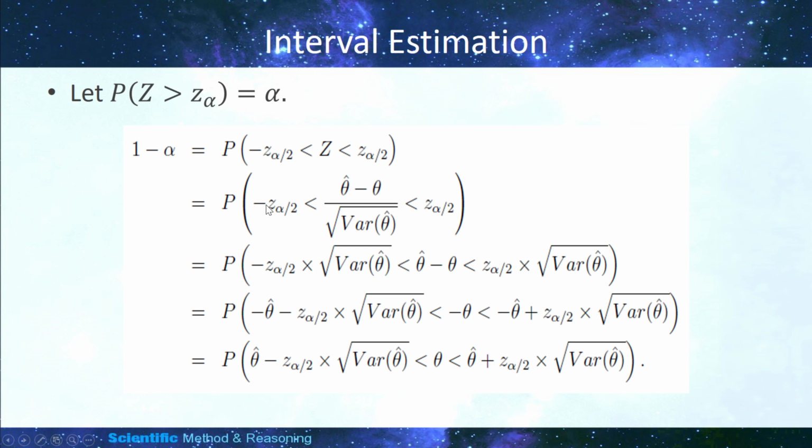So we simply multiply all three entries by the square root of the variance of theta hat so that the left hand side becomes this. And in the middle, that cancels off, we only have theta hat minus theta. And on the right hand side, we have z alpha by 2 multiplied by the square root of the variance of theta hat.